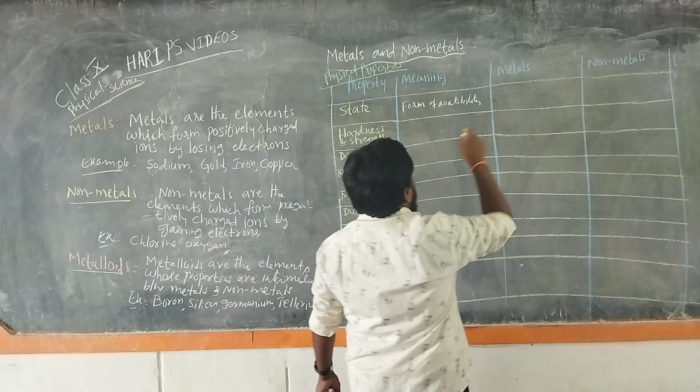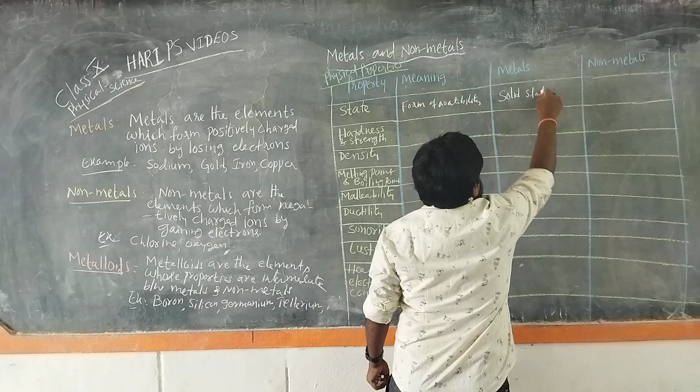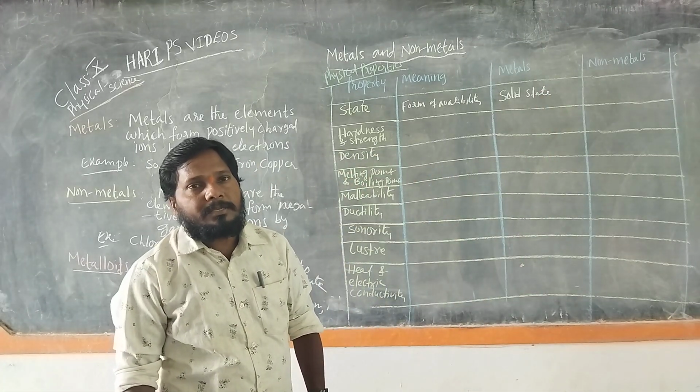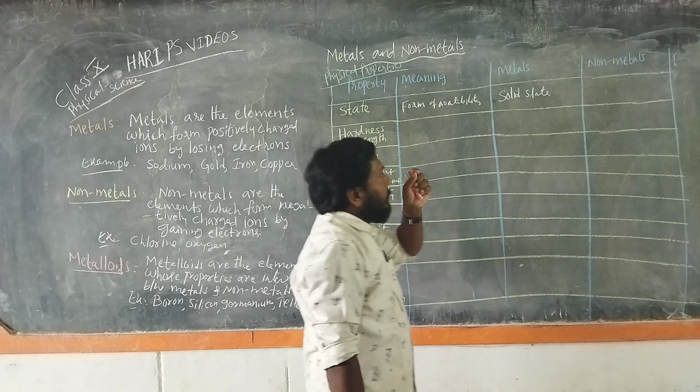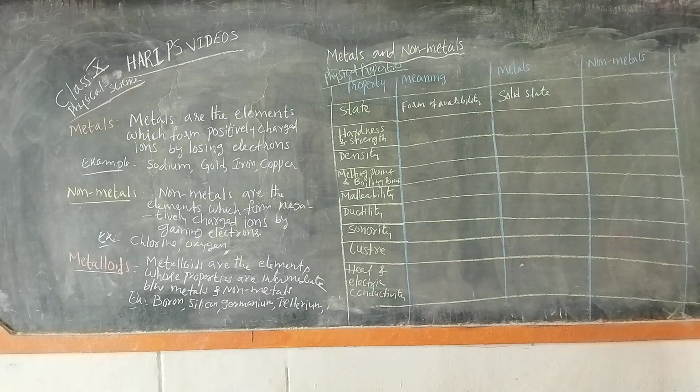Metals are generally available in nature in the form of solids. One exception is mercury: mercury is a metal, but it is a liquid metal.